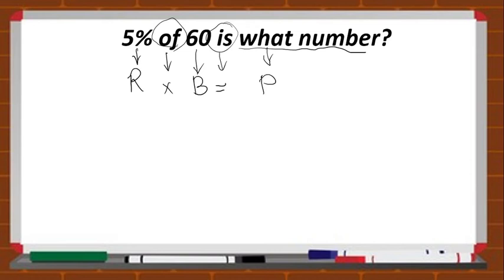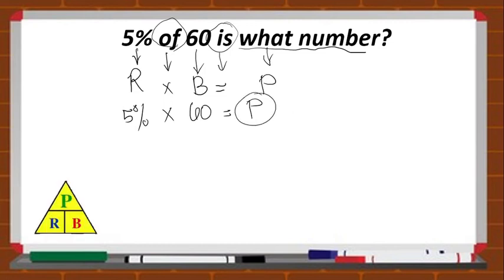So the next step, name the value of each element. R is 5%, base is 60, and P has no given value. So therefore, based on the equation that we have, the missing element is P. So we can use the Tekans triangle formula or the derived formula since they are just the same.